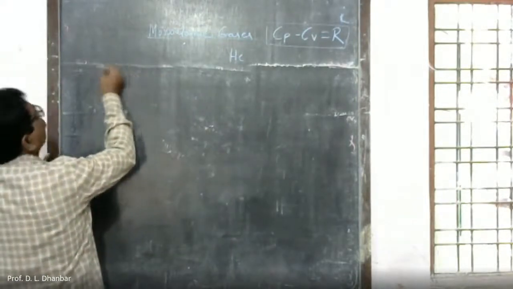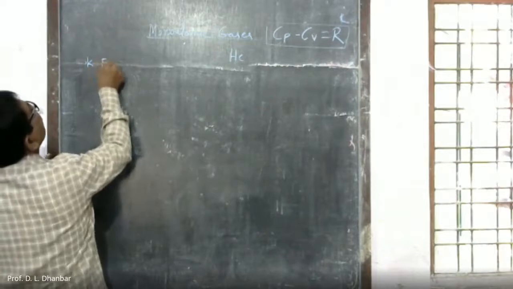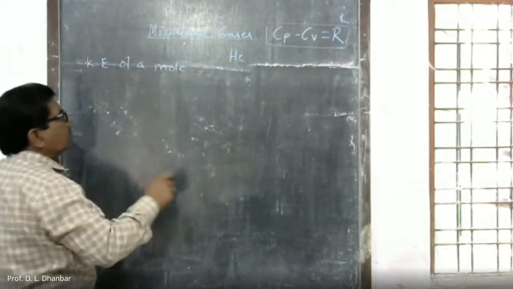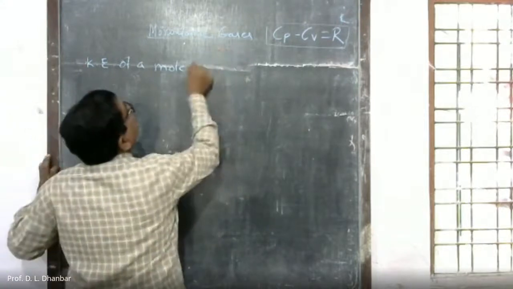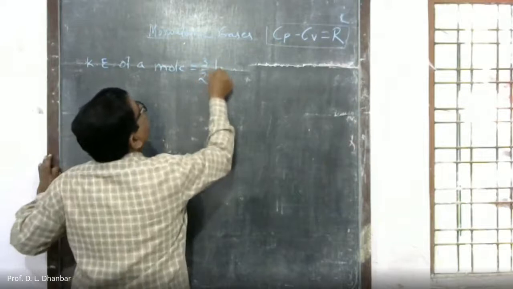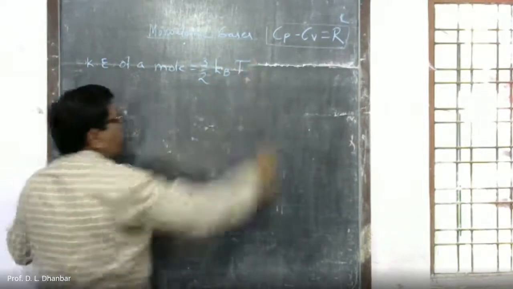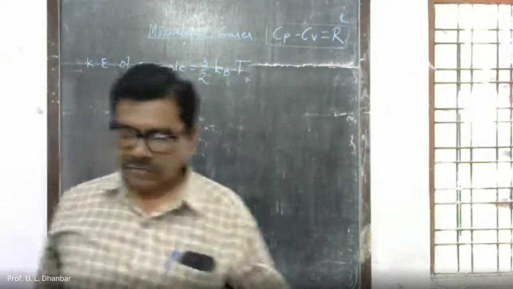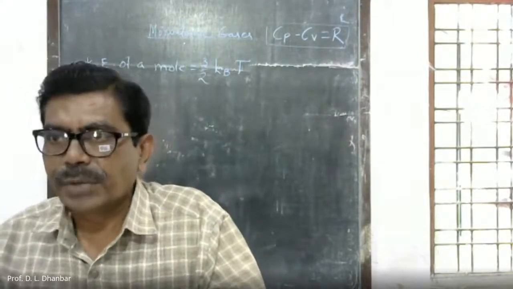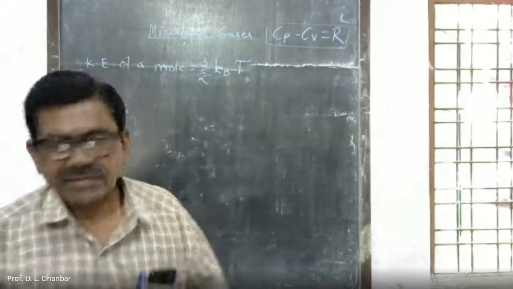As far as degrees of freedom are concerned, this is given by the kinetic energy of the molecule. The kinetic energy of a molecule or atom is given by 3 by 2 kB into T, where kB is the Boltzmann constant and T is the absolute temperature at which the gas is enclosed.